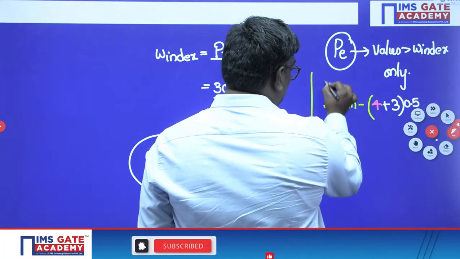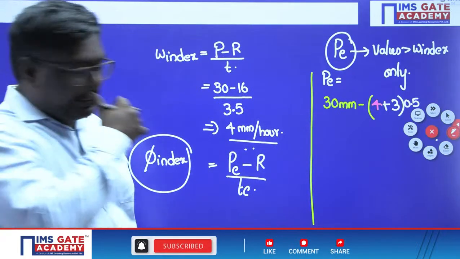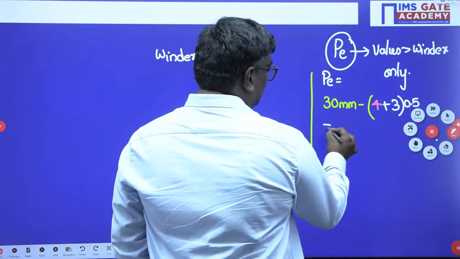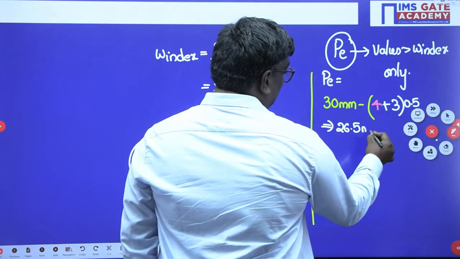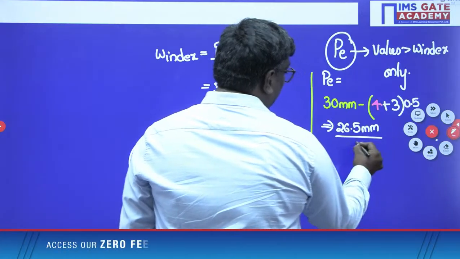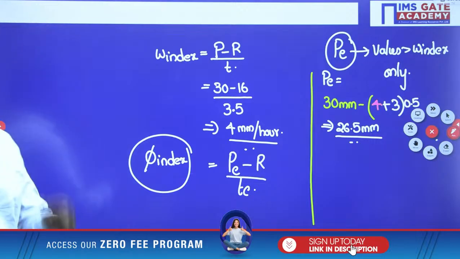So here I am trying to find out the excess precipitation which is more than the W index. This value will be equal to how much? 26.5 mm. PE will be equal to 26.5 mm. Am I clear, my dear students?